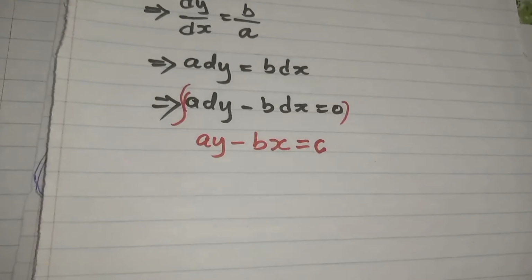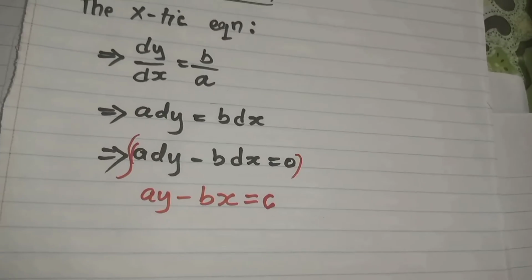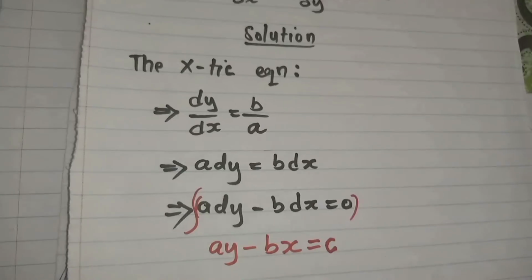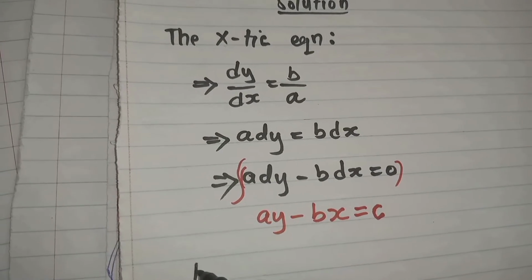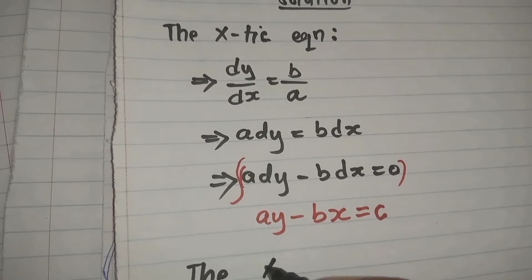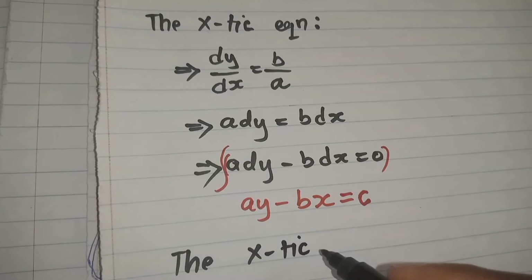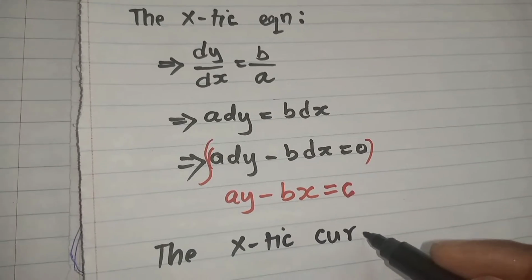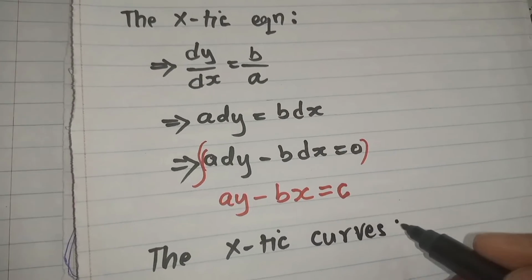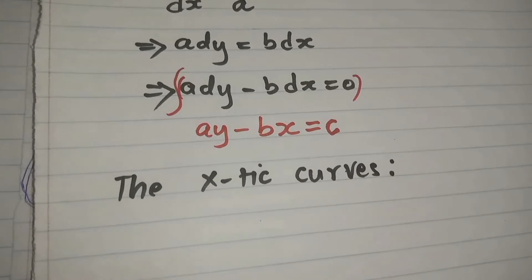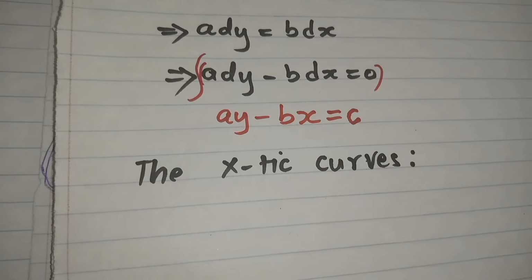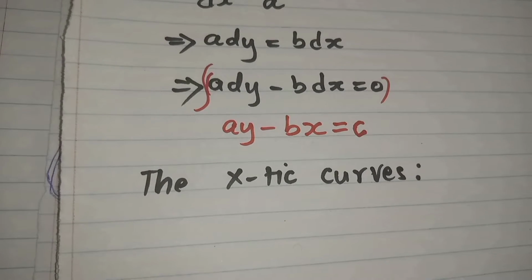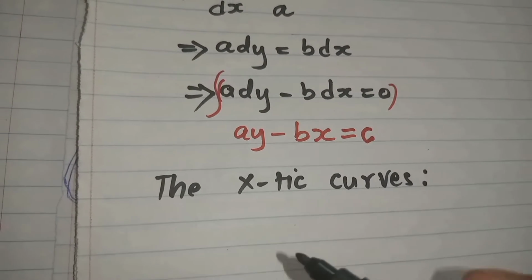Then after obtaining our constant, we now go next to the characteristic curves. We obtain the characteristic curves from our previous constant that we obtained from our characteristic equation.